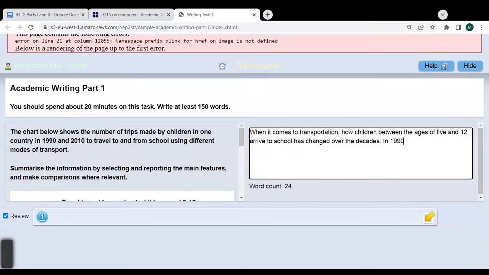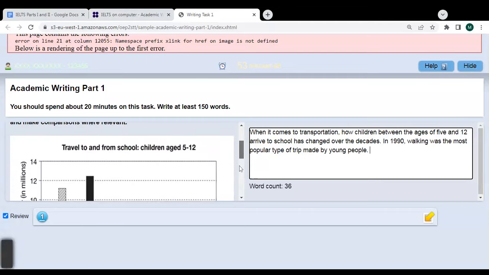In 1990, walking was the most popular type of trip made by young people.